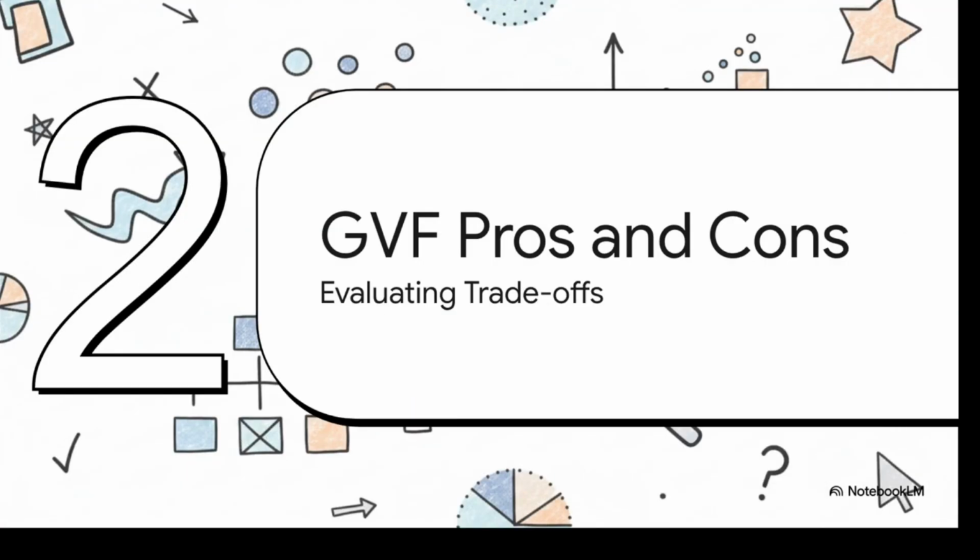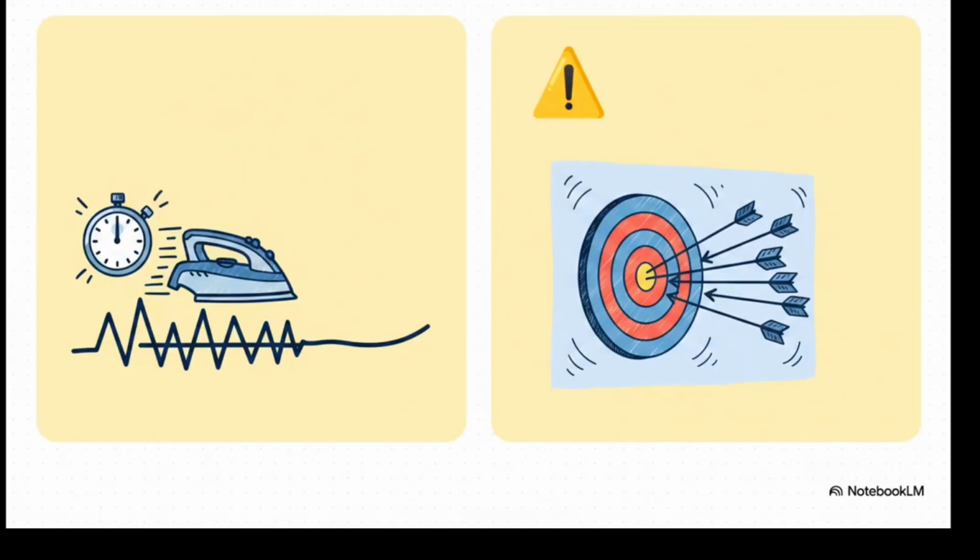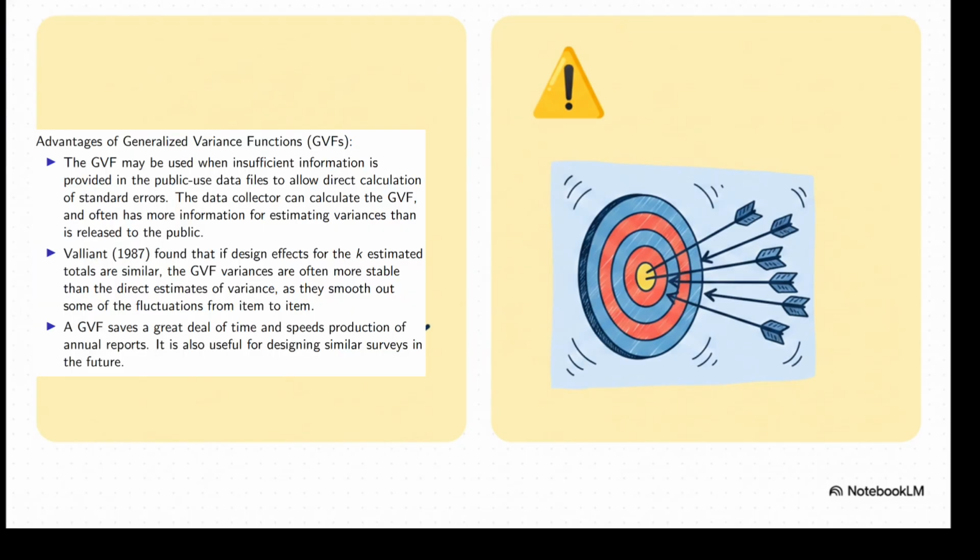Section 5, GVF Pros and Cons. Just like with bootstrapping, we have to objectively analyze these trade-offs because GVFs are, at the end of the day, approximations based on assumptions. On the plus side, GVFs offer massive time savings. They speed up annual reporting and allow analysts using public use files to easily calculate standard errors, even when underlying design data is suppressed for privacy.